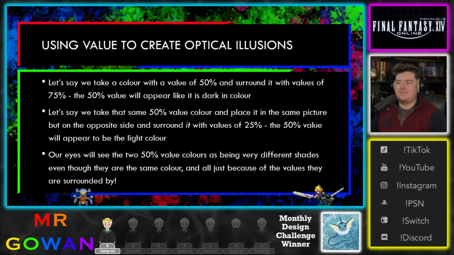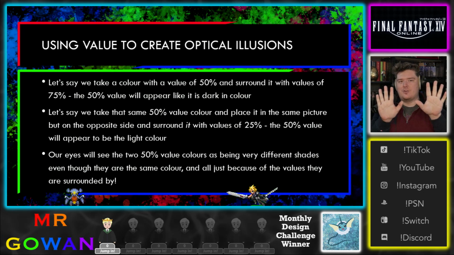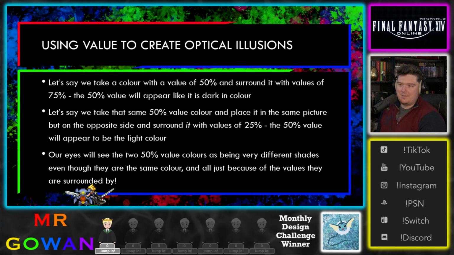The 50% value is going to appear like a light color in comparison. The funny thing is that even though these two colors are literally identical, the one surrounded by lighter colors will appear dark, and the one surrounded by darker colors will appear light. Either way, they'll appear different even though they are actually the same color.